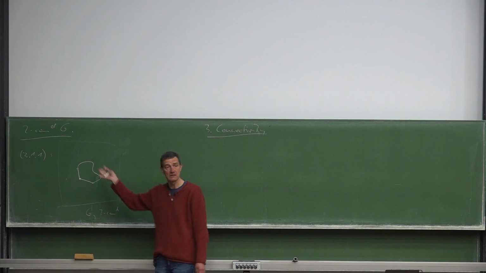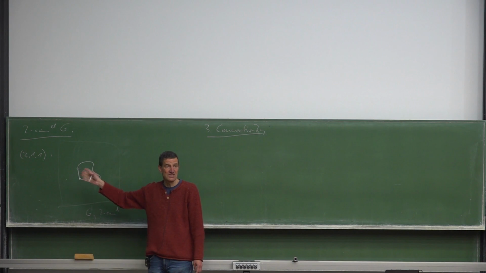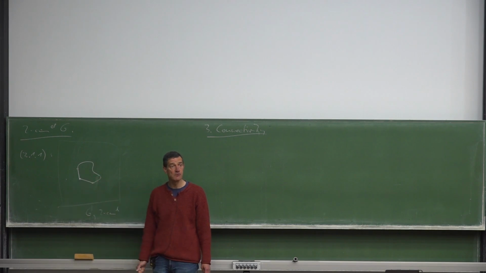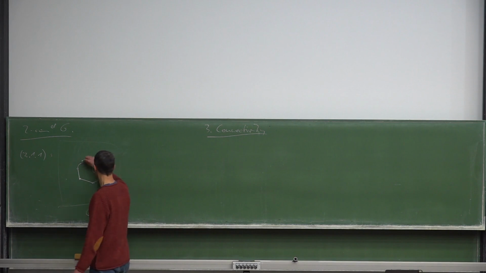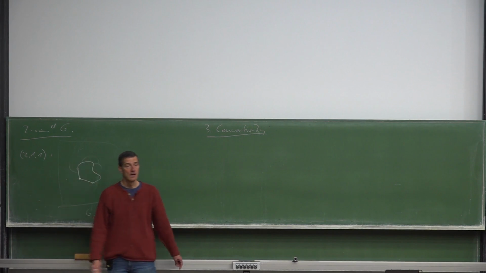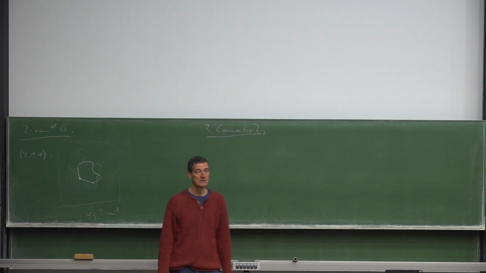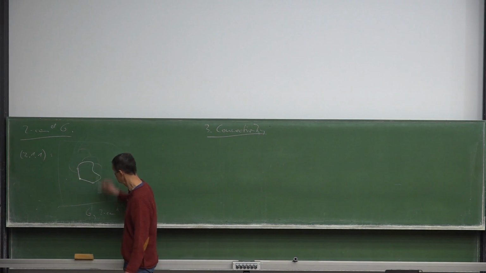And then we just say, let's consider a maximal graph constructible in the prescribed way. And I claim that this is the entire graph G.